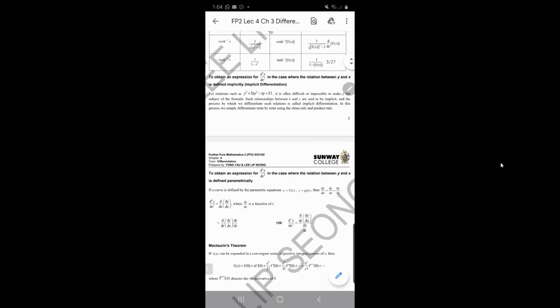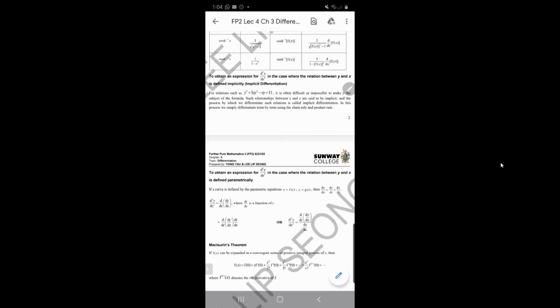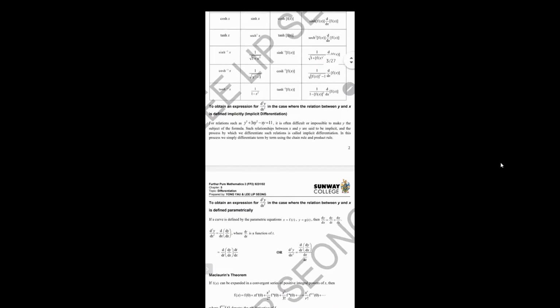To obtain an expression for d2y dx2 in the case where the relation between y and x is defined implicitly. So this is actually implicit differentiation. For relations such as y cubed plus 3xy squared minus xy equals 11, it is often difficult or impossible to make y the subject of the formula.